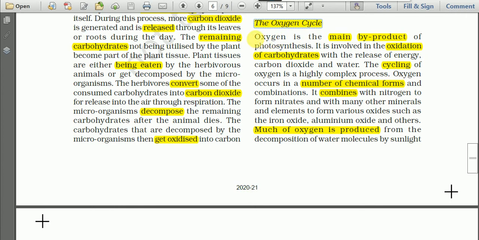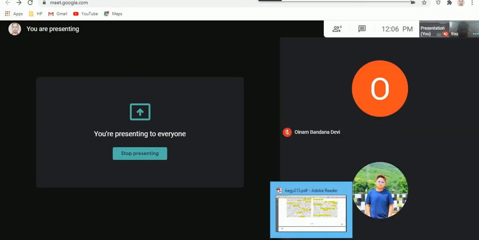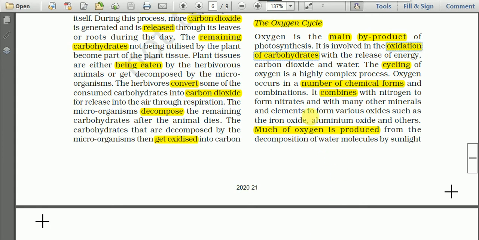We know that oxygen is the main byproduct of photosynthesis, and it is involved in the oxidation of carbohydrates with the release of energy, carbon dioxide and water. And the cycling of oxygen is a slightly complex process.